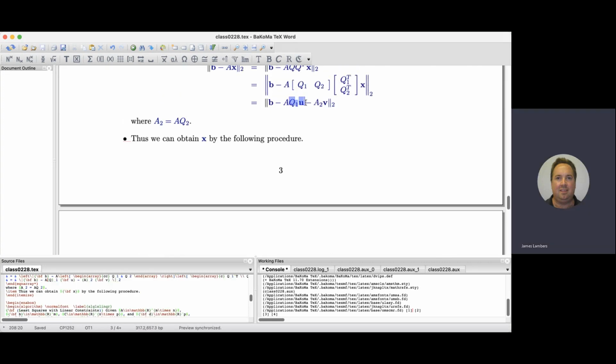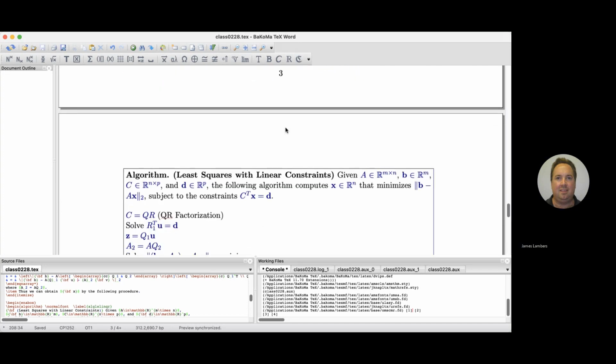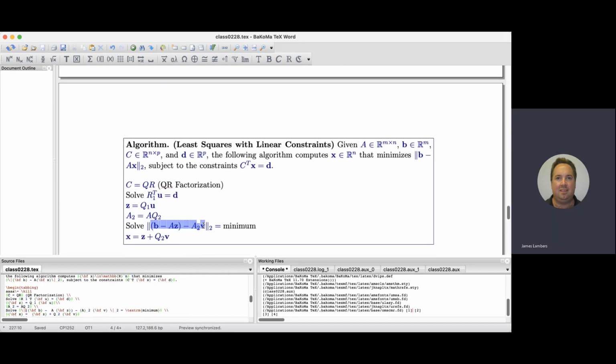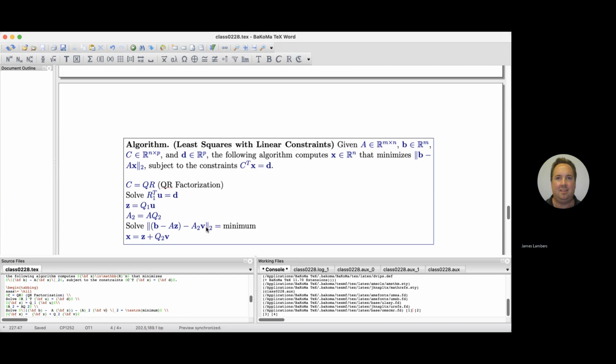So this vector Q1U here, that's Z. Now I have this that I want to minimize, but this part is known. It's only V that's unknown. So this is an ordinary unconstrained least squares problem for V.